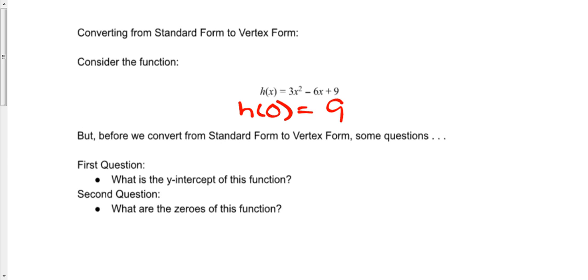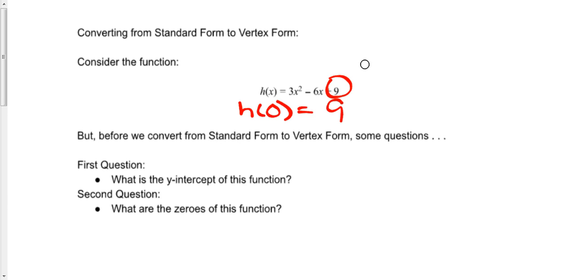There you go. The y-intercept is encoded in here, right? Just like the coordinates of the vertex were encoded in the other form, the y-intercept is encoded in this one. So, yet another advantage to standard form.